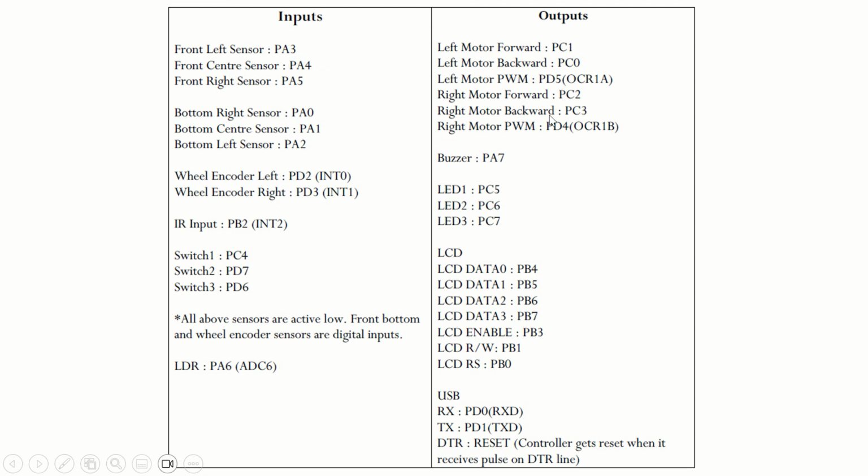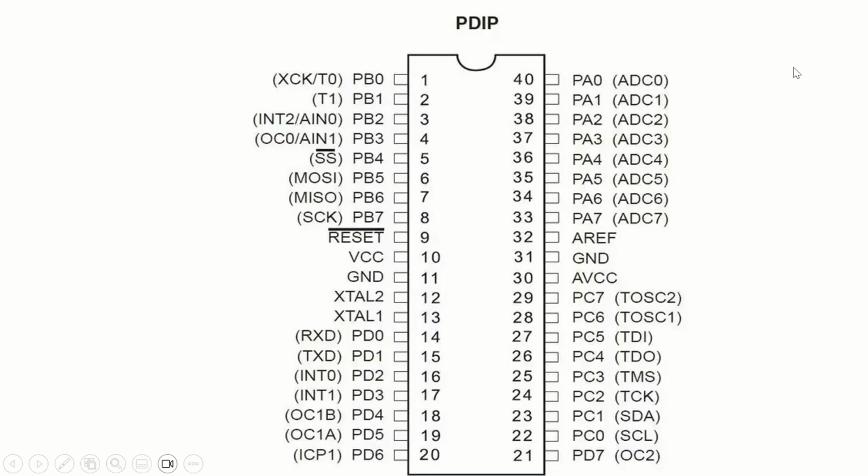Similarly, the right motor forward direction is controlled by PC2, right motor backward direction is controlled by PC3, and again the speed of the right motor is controlled using PWM through PD4. So in short, we have used PC0, PC1, PC2, PC3 and PD4, PD5.